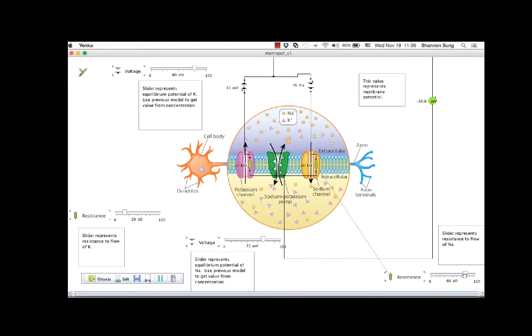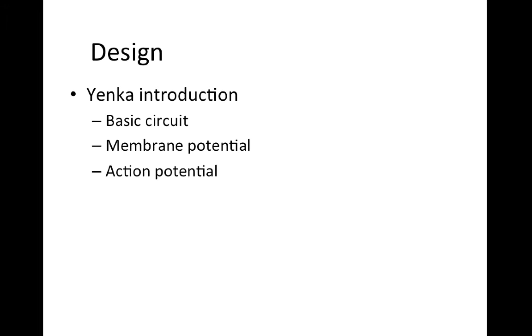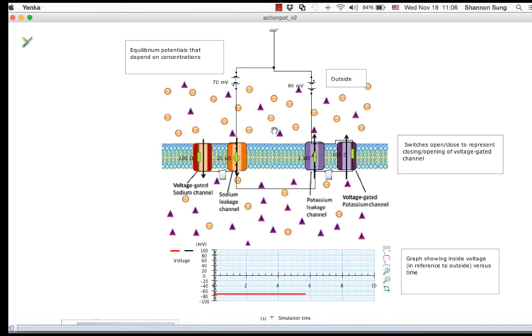And so we end up with about a -60, -70 membrane potential. Specifically potential that we call the action potential, and that's what travels along the nerve as a signal.